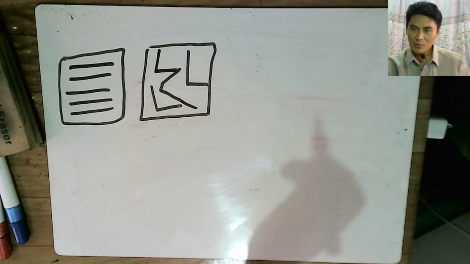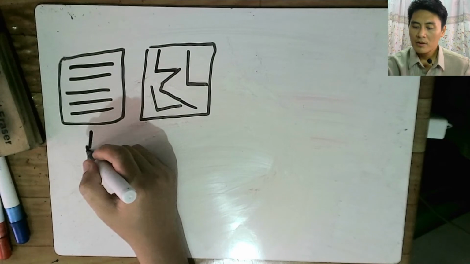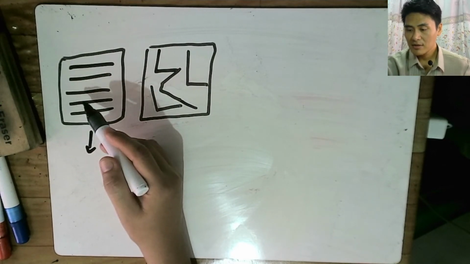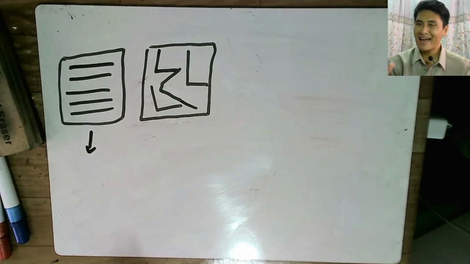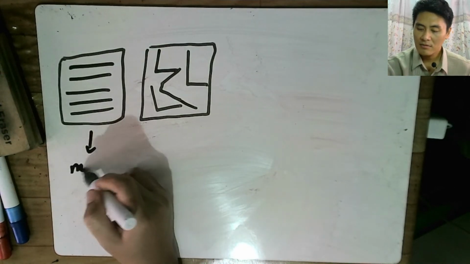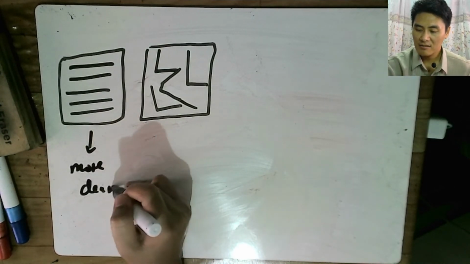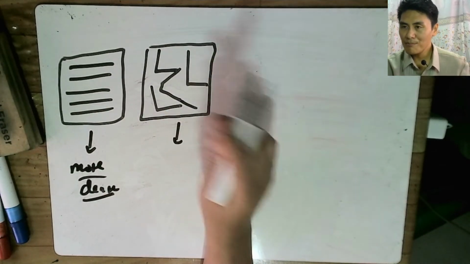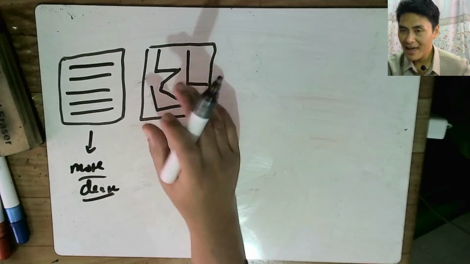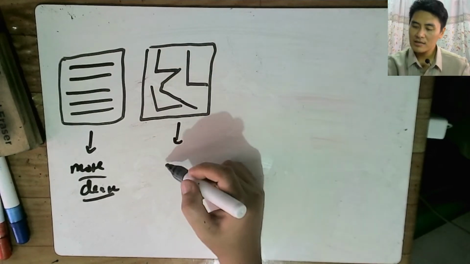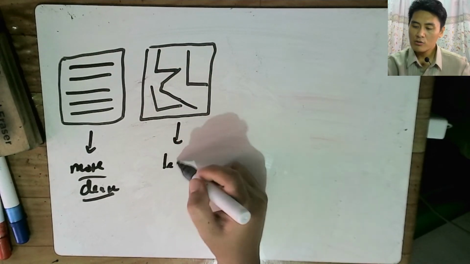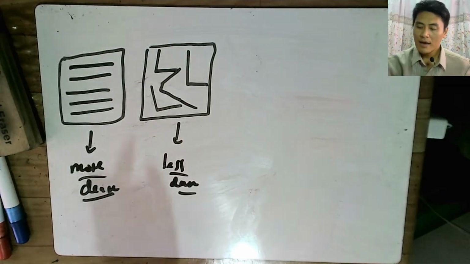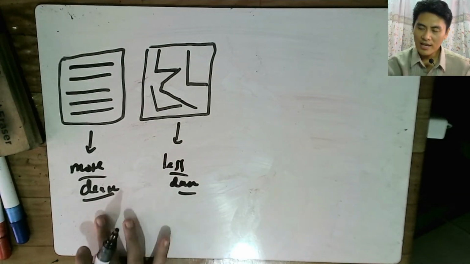So what I'm trying to say is here, you can pack more into less space. So what does that mean? More mass in less space, it's more dense. But if you have bends, you can pack in less of that in the same space, so therefore it will be less dense. Okay? And more dense, less dense.